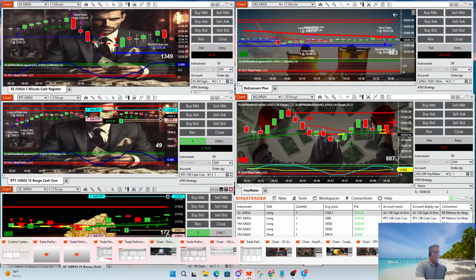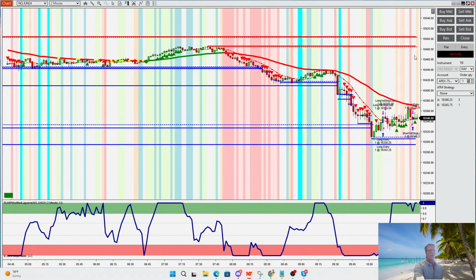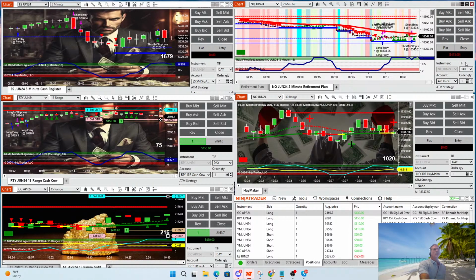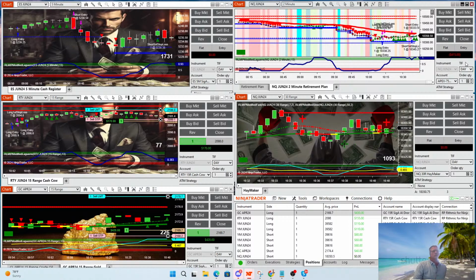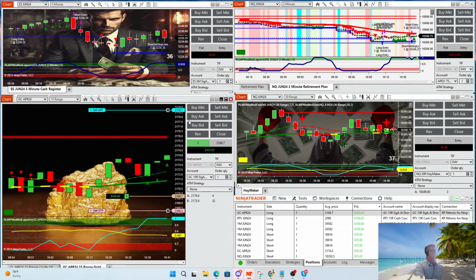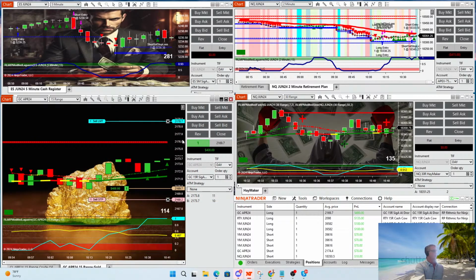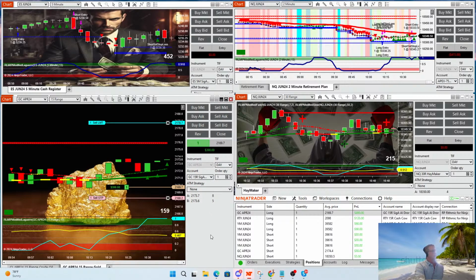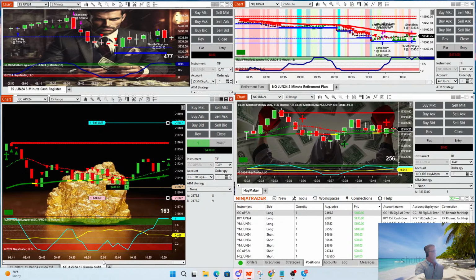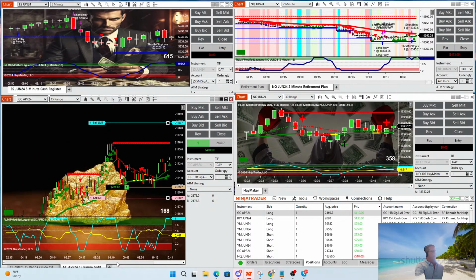Let's go back and see where our RSI line is on that NASDAQ chart. It's back to the top. Gold is headed up, up, up.